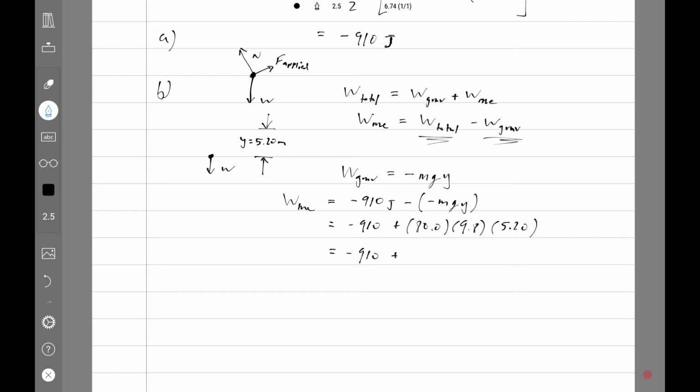This is 4,076.8 minus 910. 3,166.8 joules, or with significant figures, 3,170 joules.